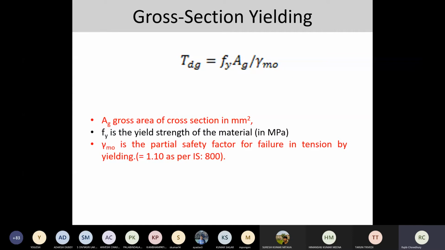That is why one of the limiting values in the design is the one that corresponds to the yielding of the gross cross section, which is evaluated by using this particular formula, where Fy is the yield strength, Ag is the gross area, and gamma m0 is the partial safety factor for failure in tension by yielding, which is 1.10.